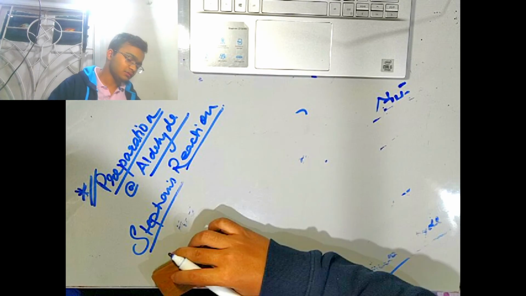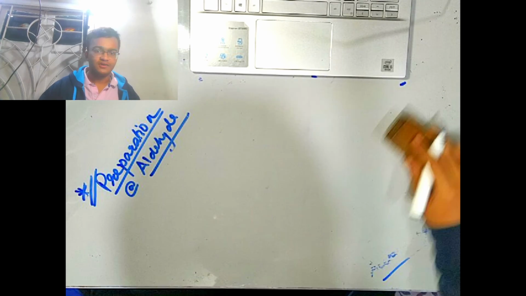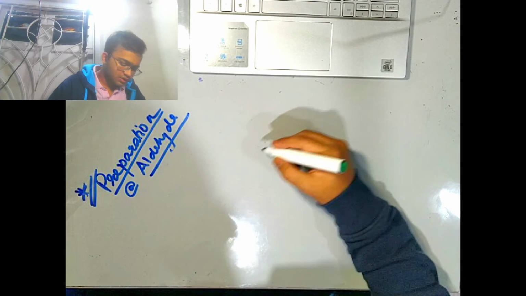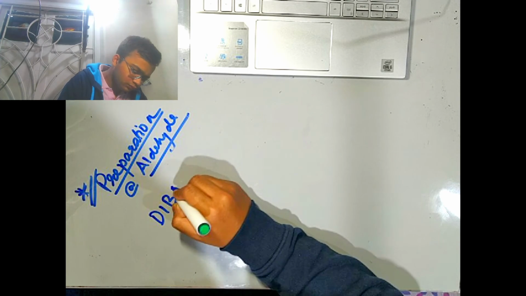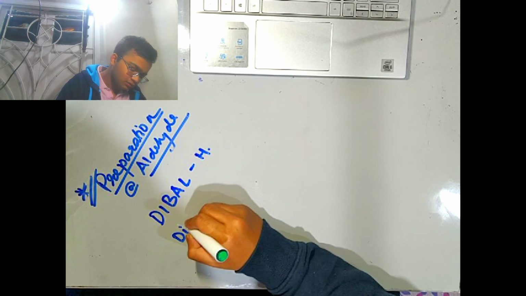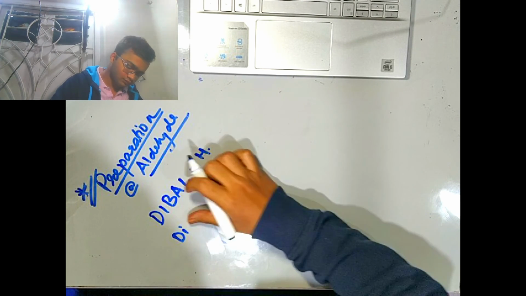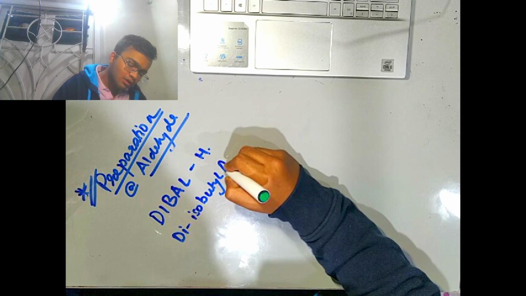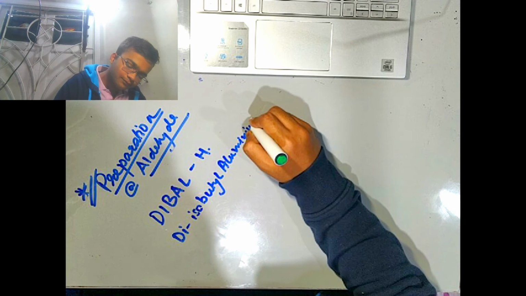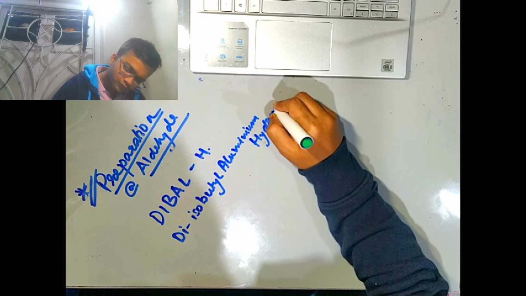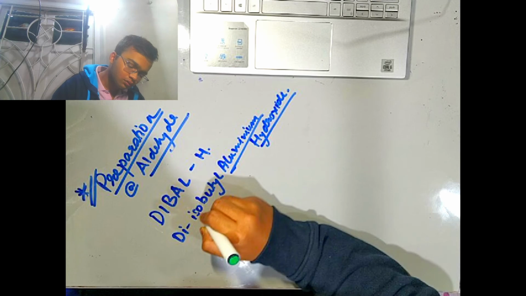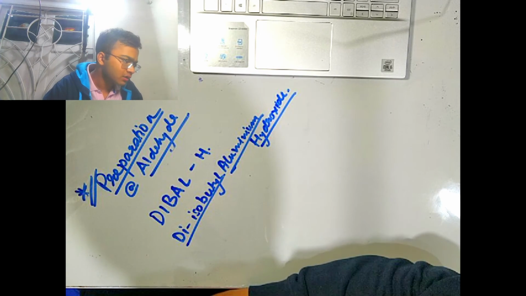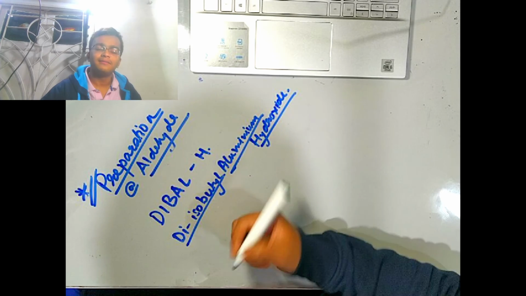Let's see what DIBAL-H is able to do. Diisobutyl aluminum hydride. Okay.